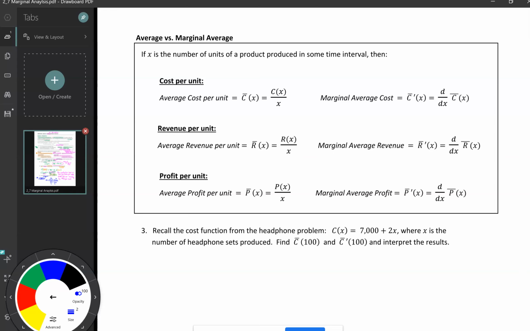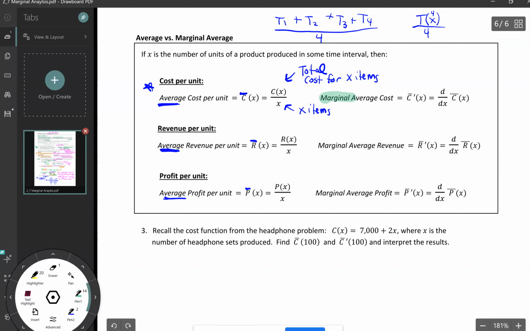And then if you wanted to find the marginal average cost, you have to find this formula first, then take the derivative of it. And on your help tools or when you go to MyMathLab, remember they could use the prime for your marginal, for the derivative, or they might use other types of notation.